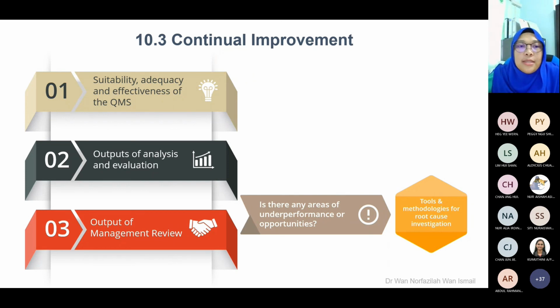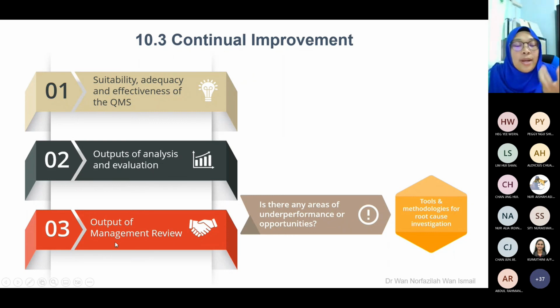Okay, if still suitable, adequate and effective towards quality management system, just do the continual improvement. What are the outputs of analysis and evaluation that you do? You do the performance evaluation. You analyze the performance evaluation results. What are the outputs? Whether you can continue to improve or stop doing something new.